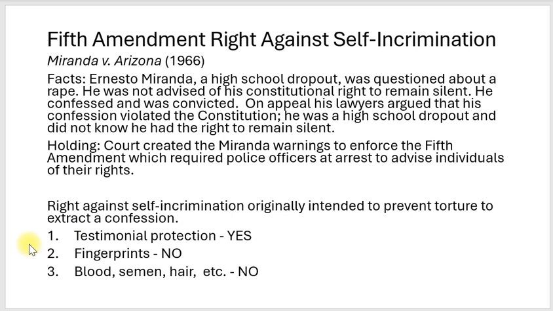The government forcing you to say something. This new dynamic of wherever you go, you leave a trail, that is not part of the Fifth Amendment right against self-incrimination. So today, can they force you to give your fingerprints? Yes. Can they force you to give blood, semen, and hair samples? Yes. They can do all that.